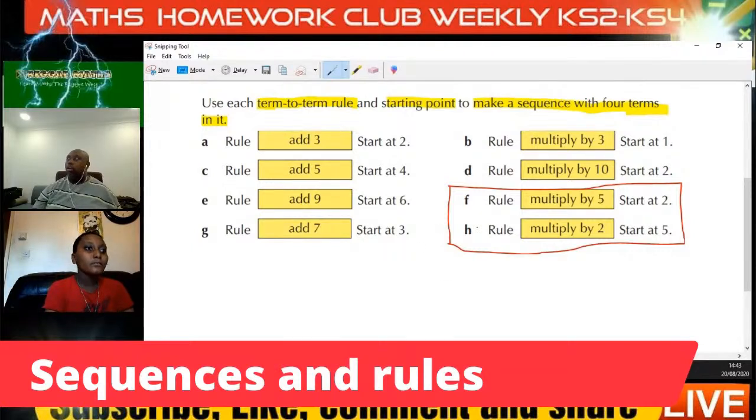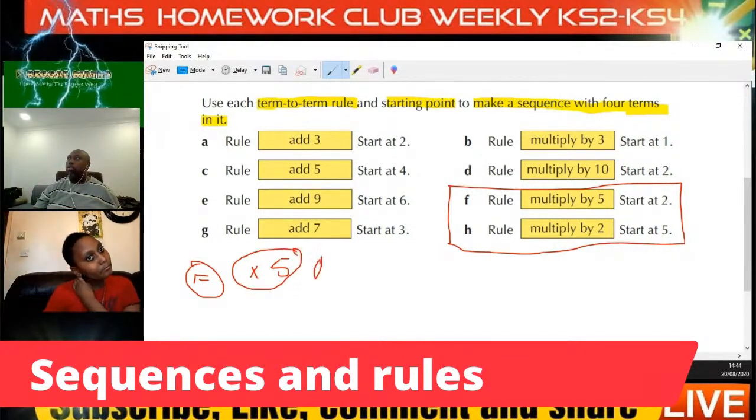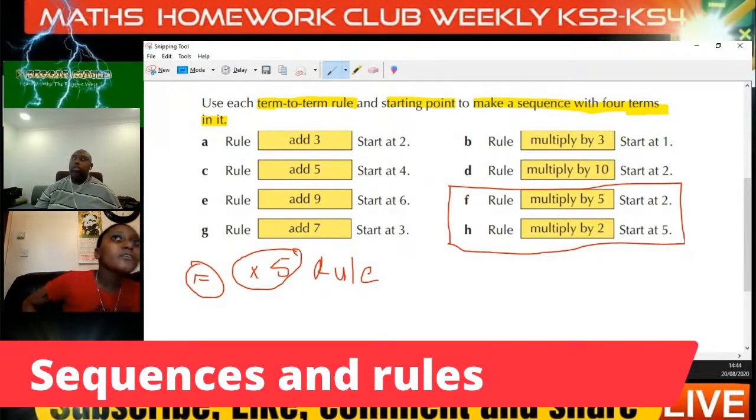Okay, so if I start with the letter F, what's the rule? Multiply by 5. So that's the rule. And what's the start number? 2.